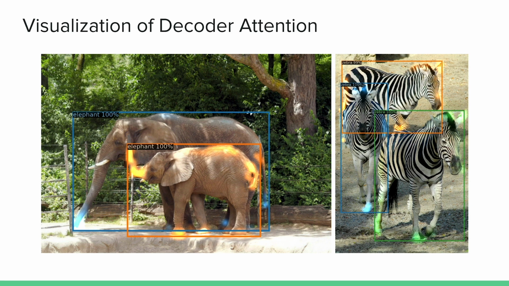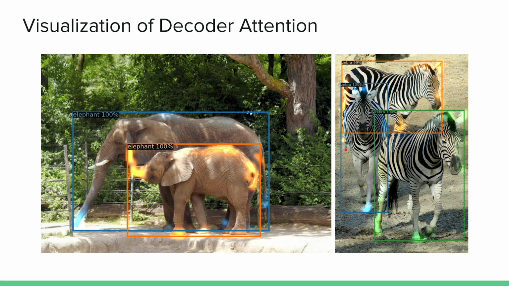Also for the zebra, you see that where it basically looks is the extreme outer parts of the zebra, like the ears, the legs. And maybe the most interesting thing is this part here, where we see a leg, and obviously that leg could belong to 2 objects.